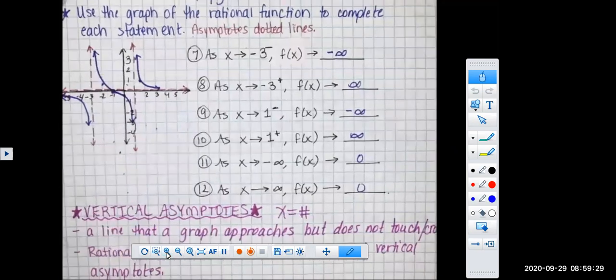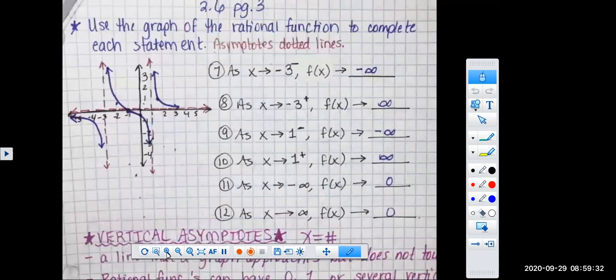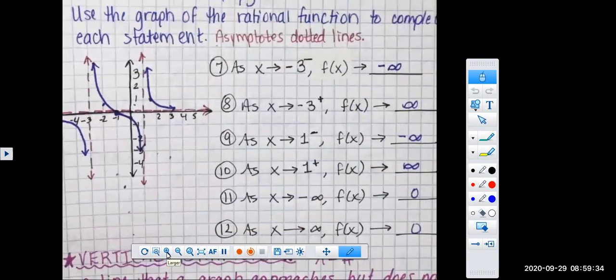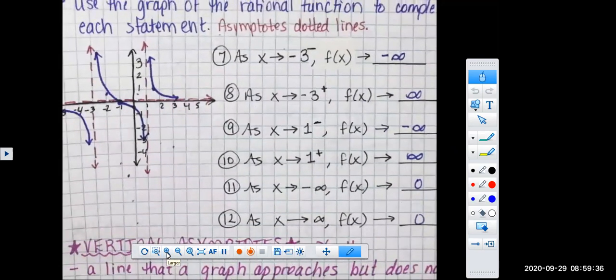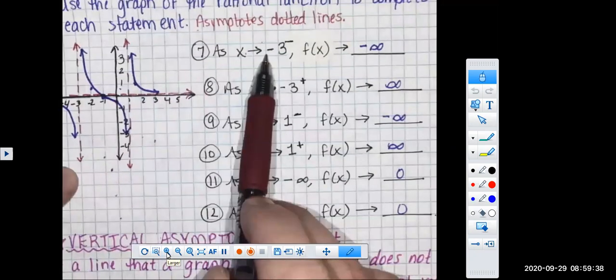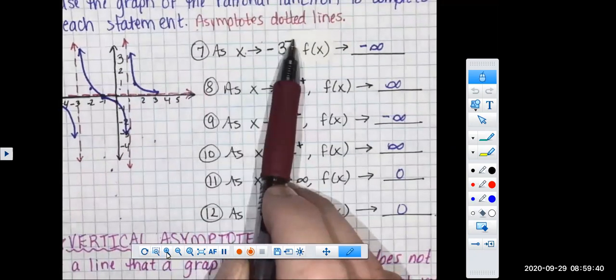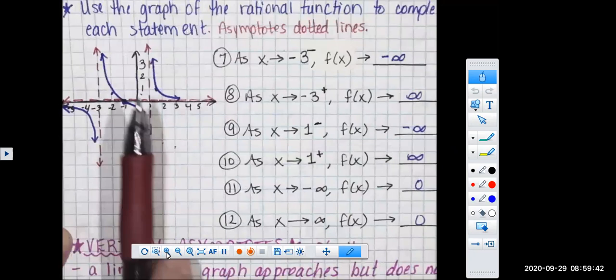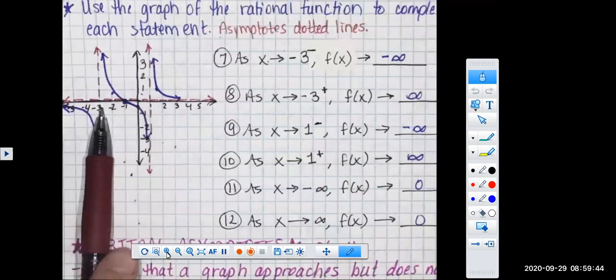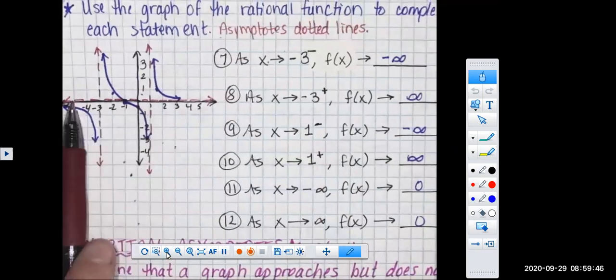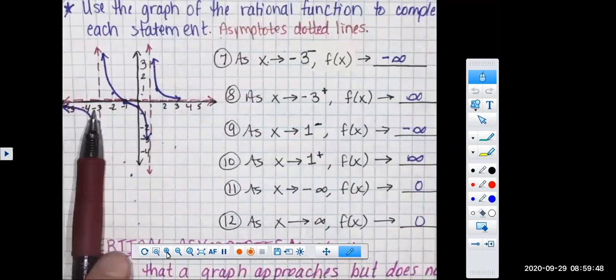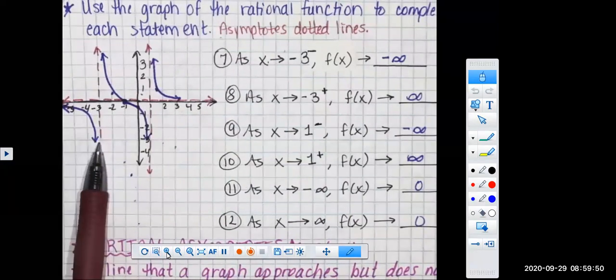So in number 7, they want you to find what the graph is doing. They say as x approaches -3 from the left side. So this is -3, but what does this graph do? What are my y's doing as I approach -3 from the left side?